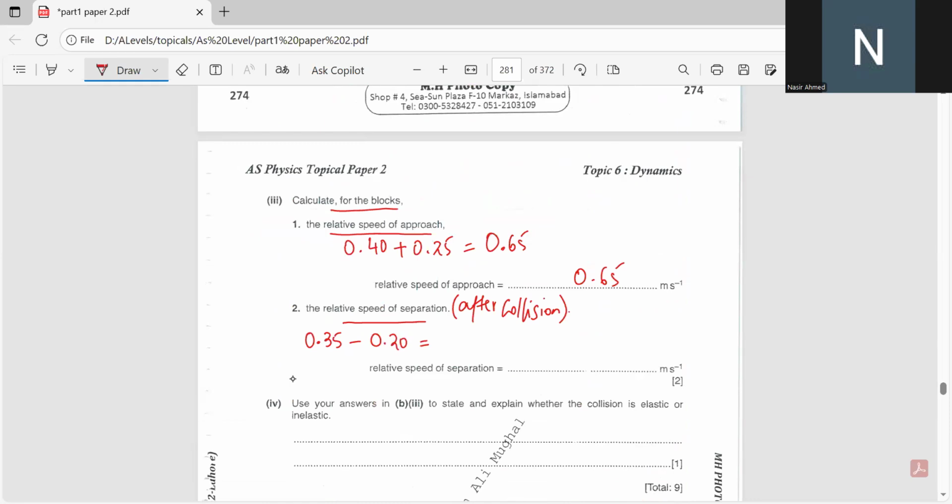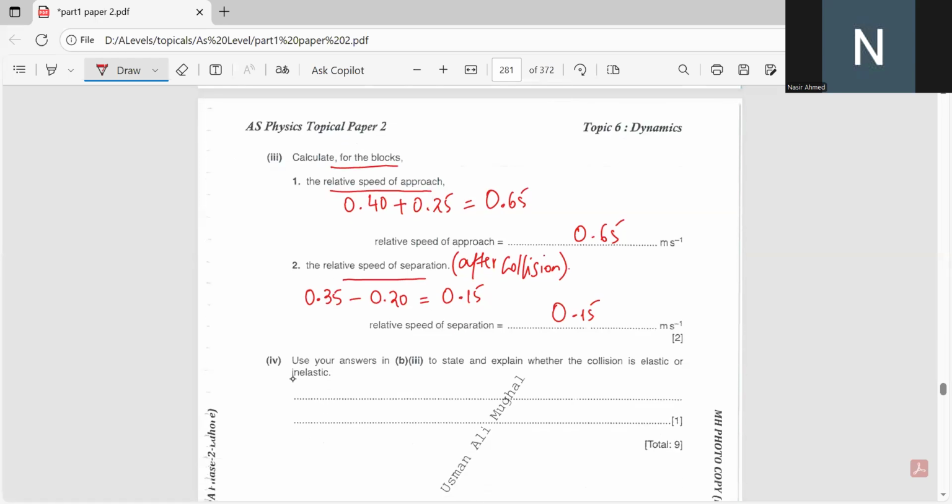So when they are subtracted, it will become 0.15. So relative speed of separation will be equal to 0.15 meter per second. So when they are in the same direction, relative speed is found by subtraction. When they are in opposite direction, relative speed is found by addition.